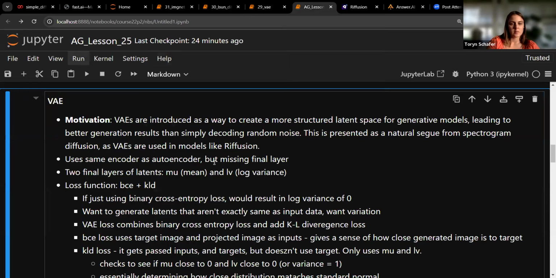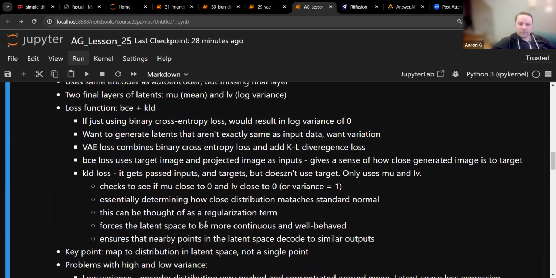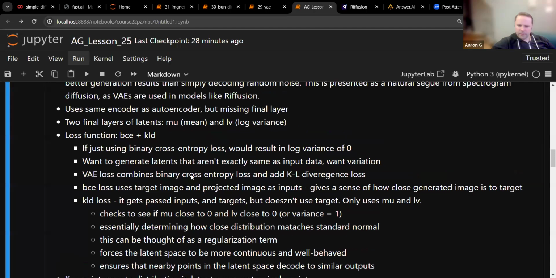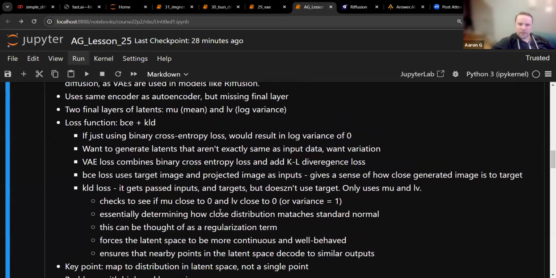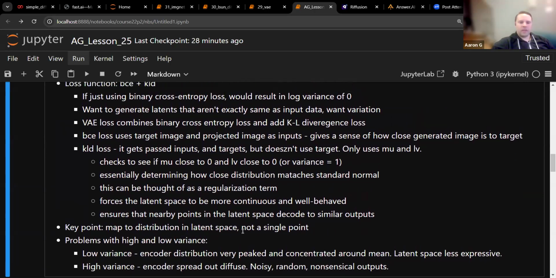All right. You are right, though. He spent a lot of time on this. Yeah, I took quite a few notes on it. I don't know if I really missed anything there or not. The key point with the VAE is we're mapping a distribution in the latent space and not a point, right?